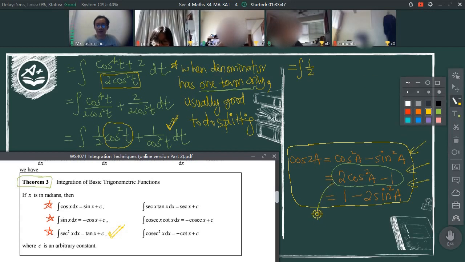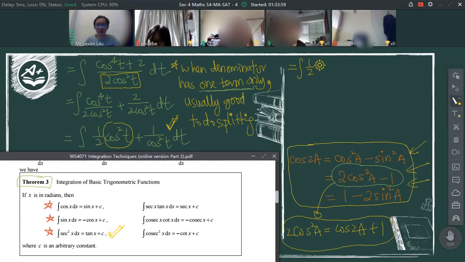Make cosine square the subject. Okay, so we have cosine 2t plus 1 over 2. This is for the first term. Then second term is we deliberately write as secant square.